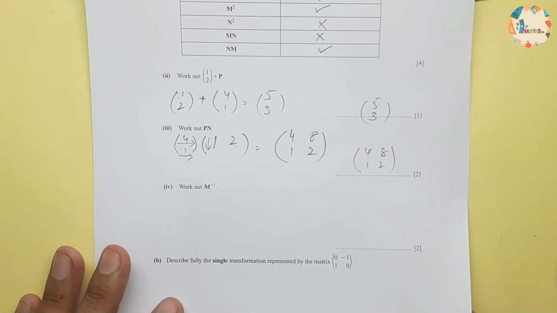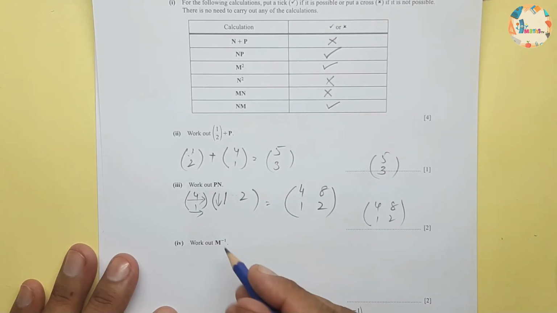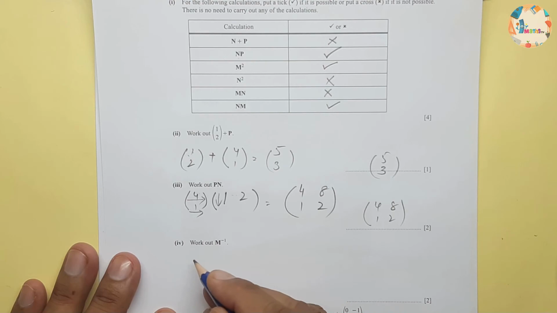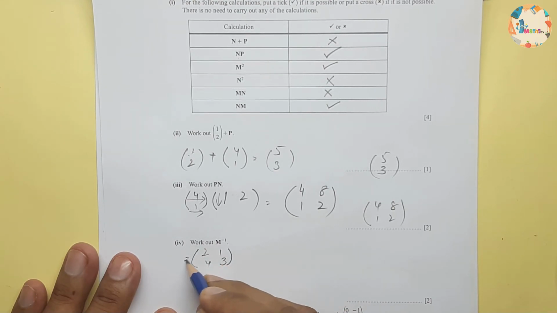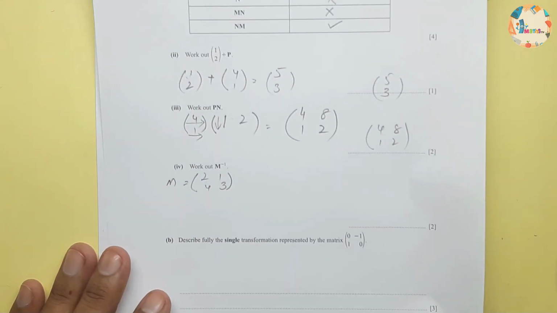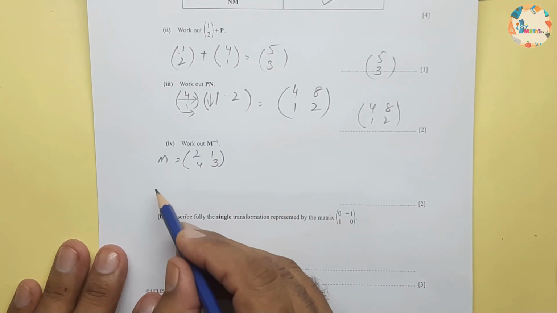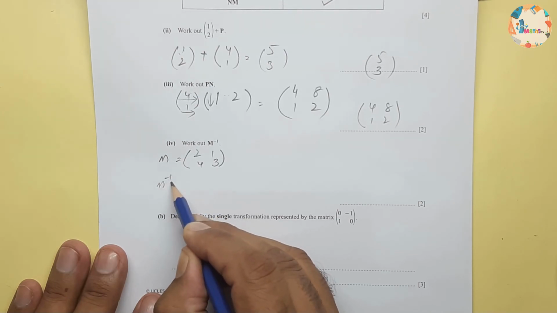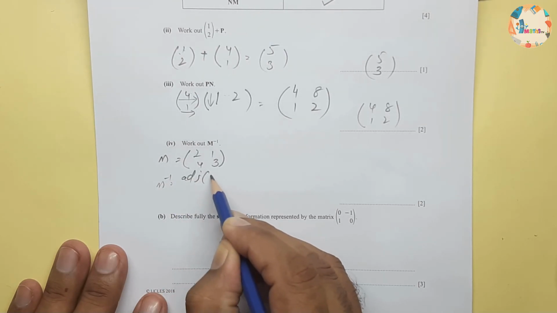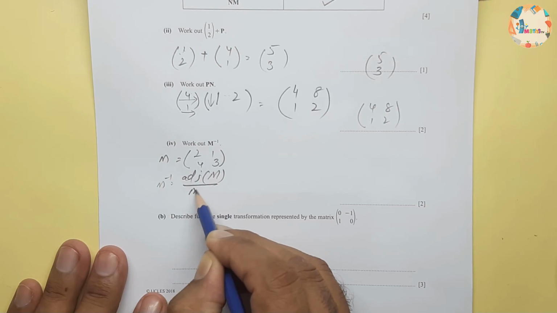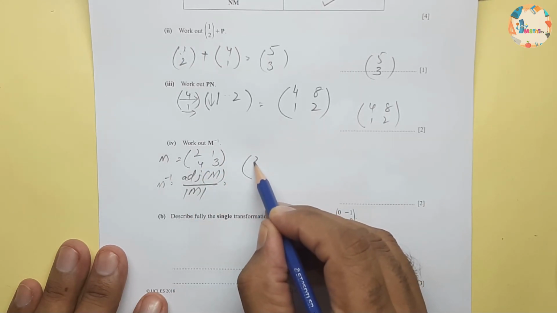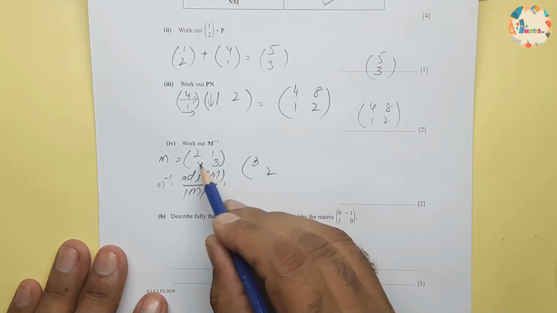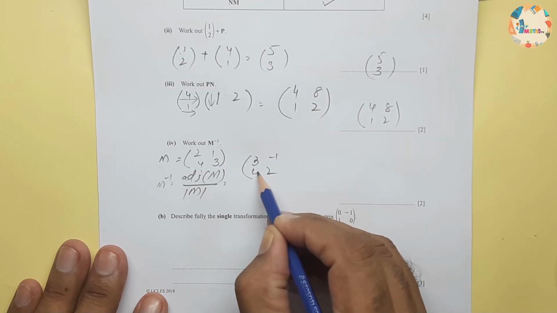Now work out M inverse. M is given, so M is over here, 2 1 4 and 3. So M inverse is basically equal to adjoint of M over mod M. So adjoint will be changing these two locations, so this will be 3 and this will be 2, and changing the sign of these two.